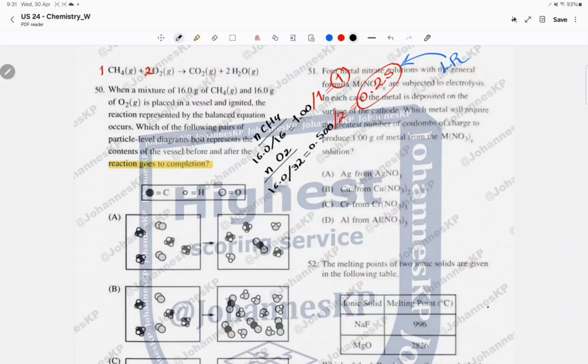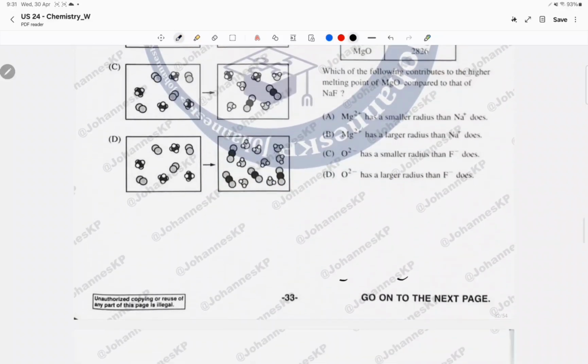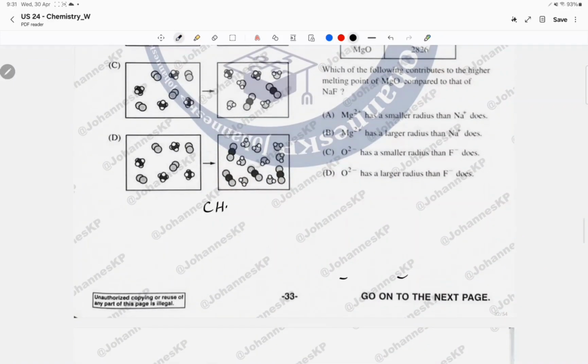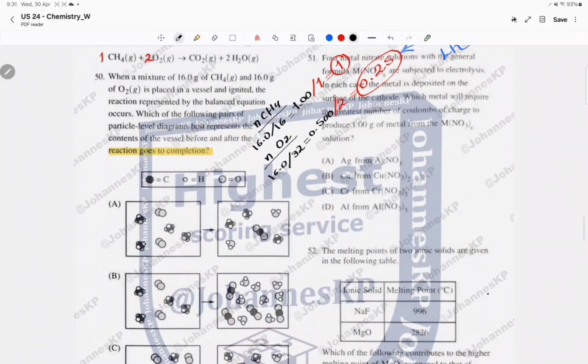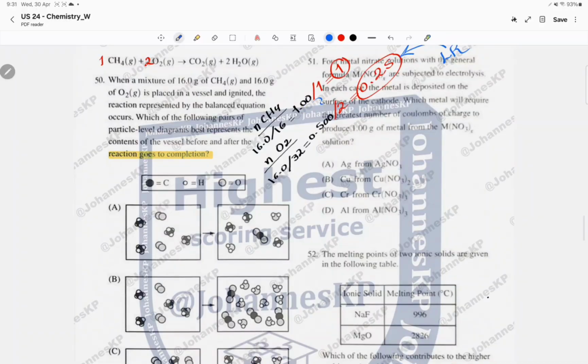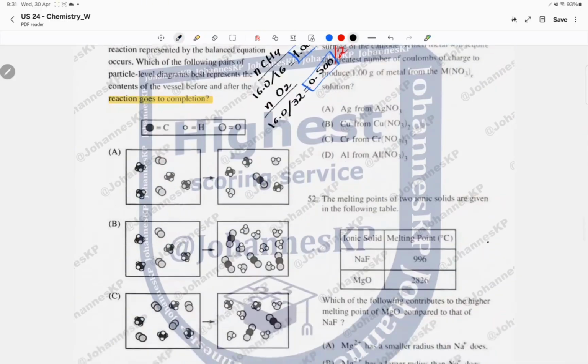And now we can work with the ICC table. So now we're going to say CH4 plus 2O2 gives you CO2 plus 2 waters. ICC. We are starting with, of course, you must now put the numbers before dividing by the coefficient, meaning you must put 1 for the CH4 and you must put half for the O2.